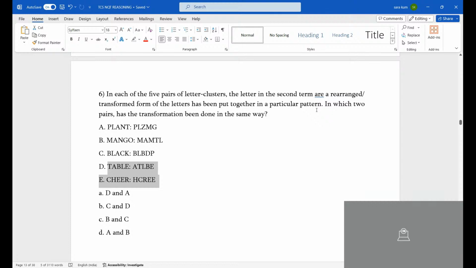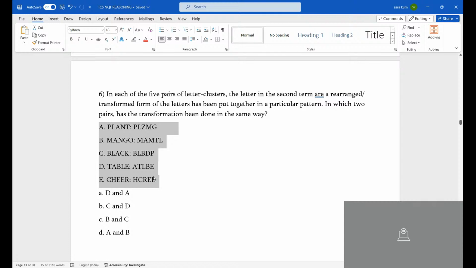So what they are saying is, the letters in the second term, this is the first term, this is the second term. So these letters are a rearranged version of these letters. Similarly, these letters are a rearranged version of these letters. These letters are a rearranged version of these letters. They are asking which two options out of these five have the same logic.